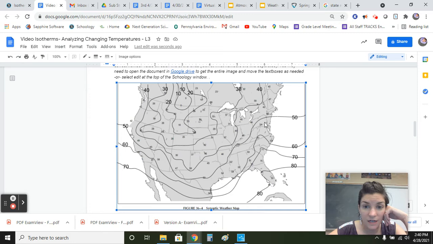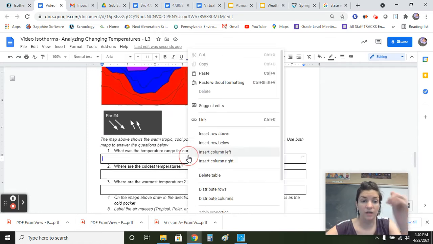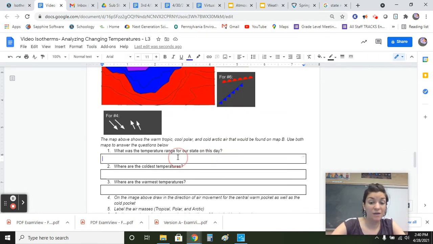We are right in this area. The temperature is around 54. Okay, so I would put, what is our temperature range? I'd put approximately 54 degrees Fahrenheit.